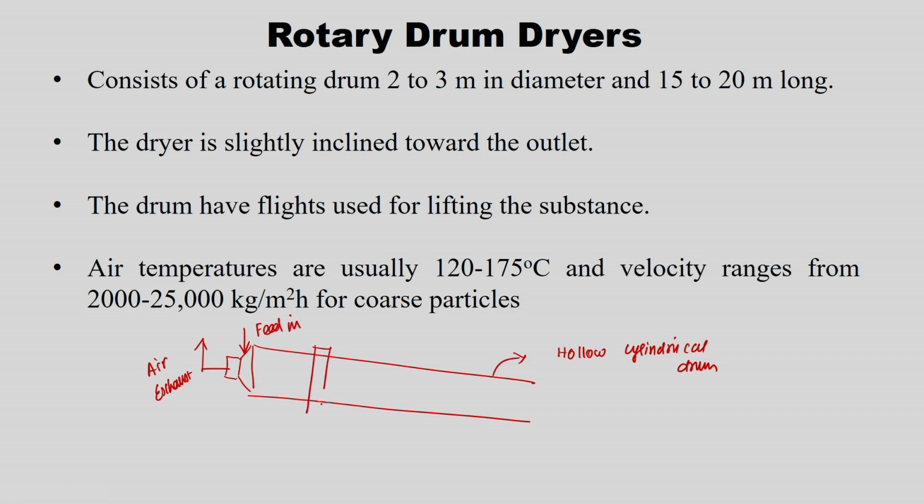So, you have various provisions here. The first one is the drive gear, then supporting rollers, and the third one is the discharge screw conveyor.